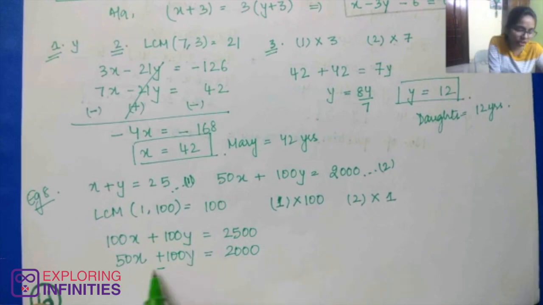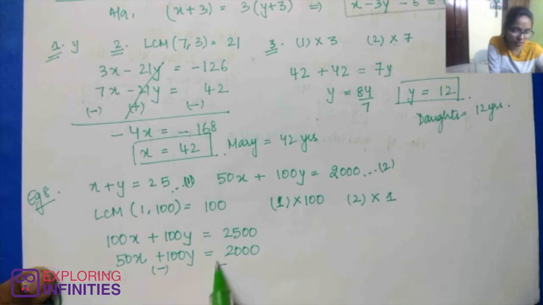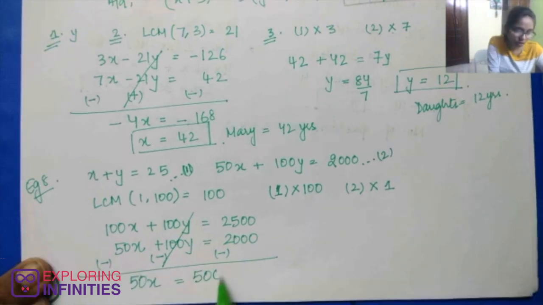I'll change the sign of my second equation. Similarly, I change the sign of the other parts of the equation, that is minus 50x and minus 2000. I simply cancel out 100y minus 100y. So I have 50x equal to 500. From here I can say that my x is equal to 10.